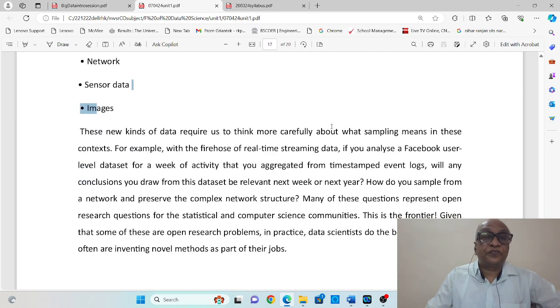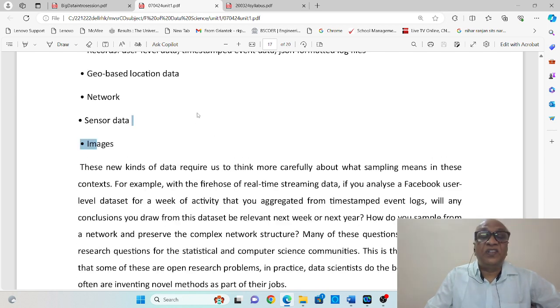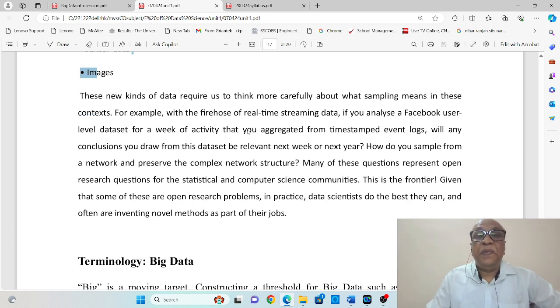Now, this varied nature of the data may impact the way we do analysis by taking its sample. For example, let us say Facebook users are there. We collect a data set for a week of activity, and I want to draw some conclusions.